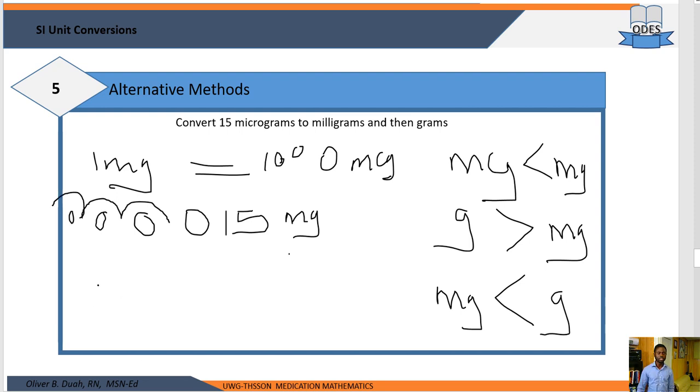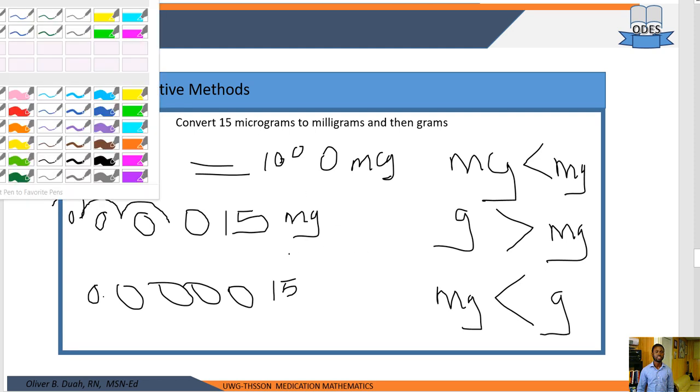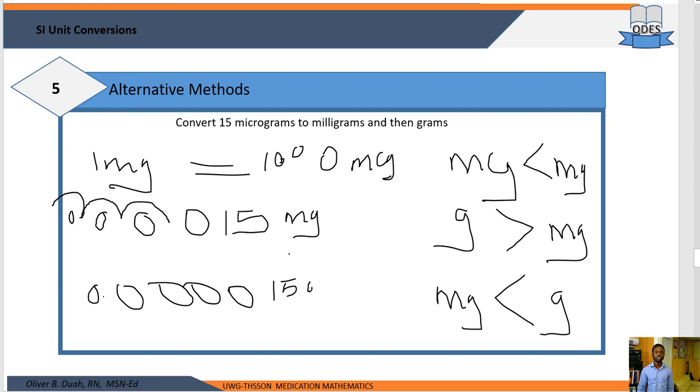Okay, so this is going to be 0.0000015 grams, because we are converting to grams. So this will be our desired answer.